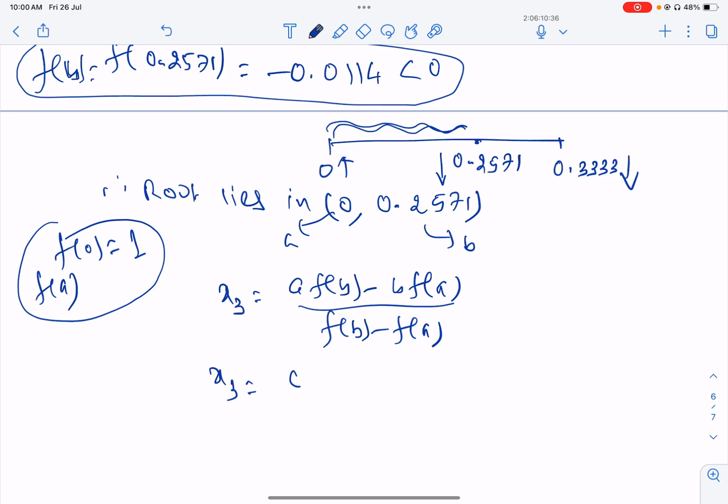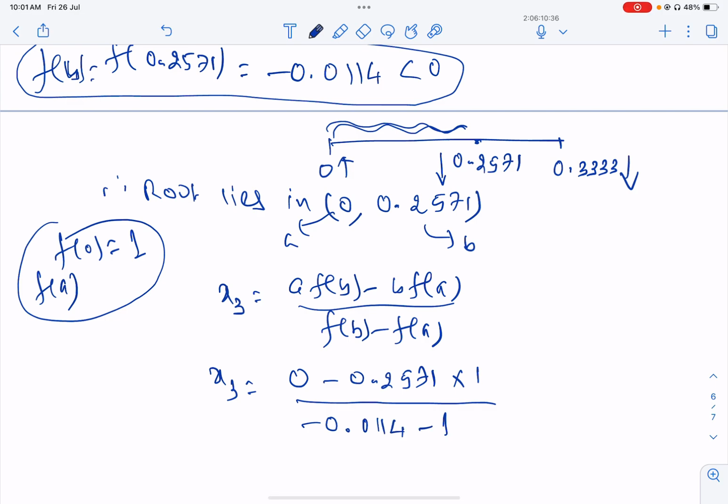So A is 0, B is 0.2571, f(A) is 1 upon f(B), which is minus 0.0114, minus f(A), which is 1.